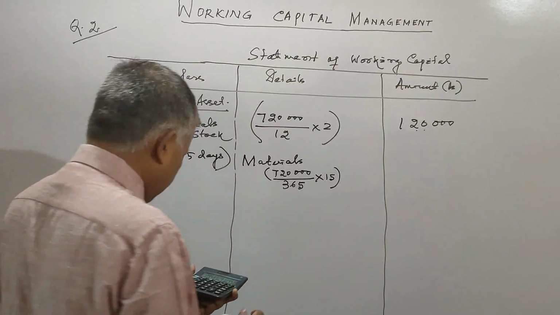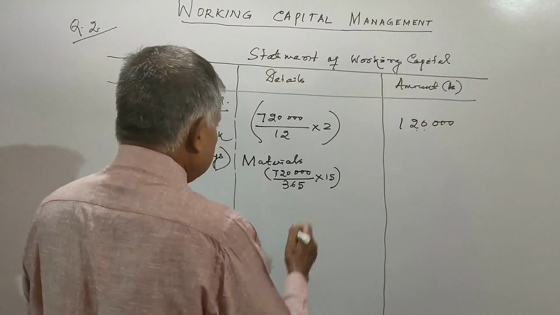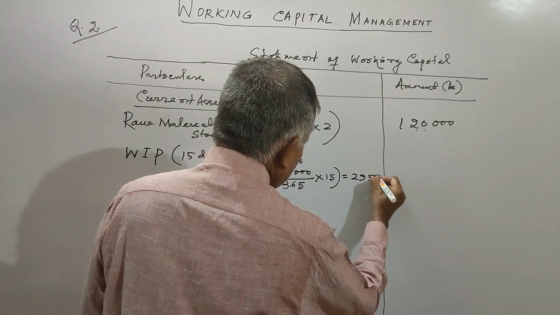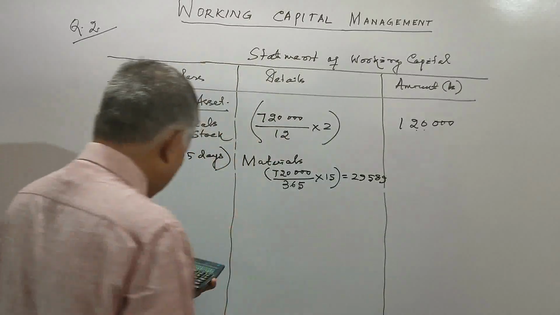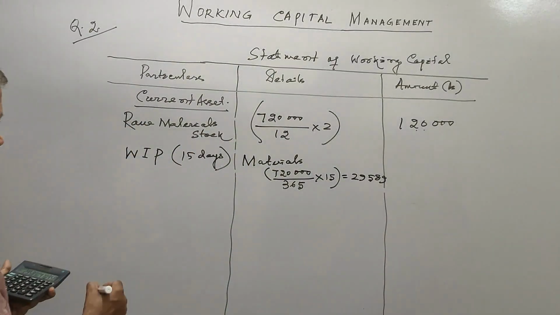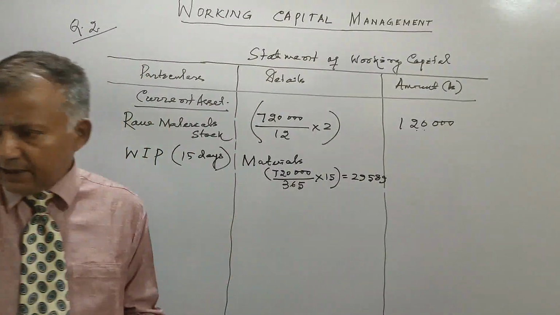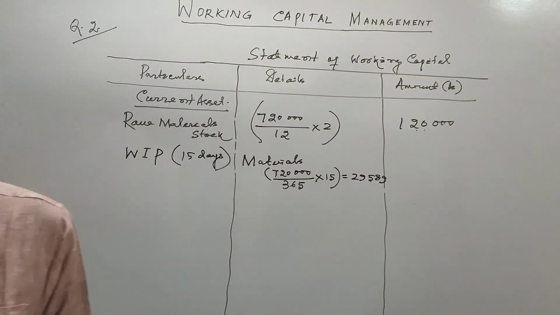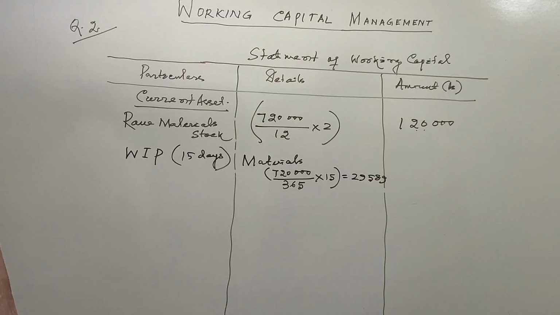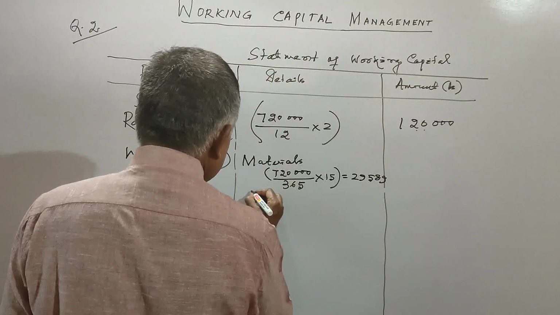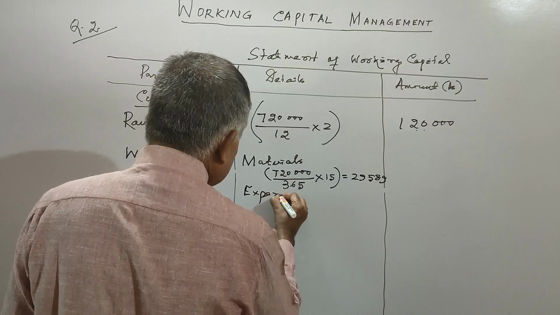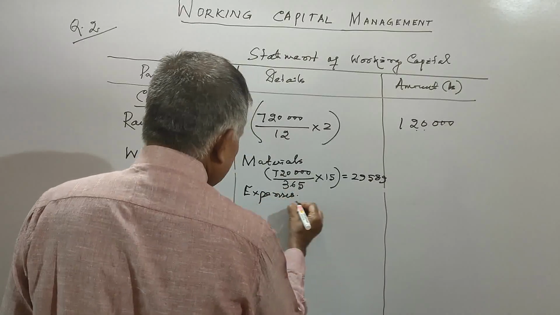This is 29,589. If we take the expenses, that is your overhead, labor, etc., everything put together, we will not take the depreciation here.